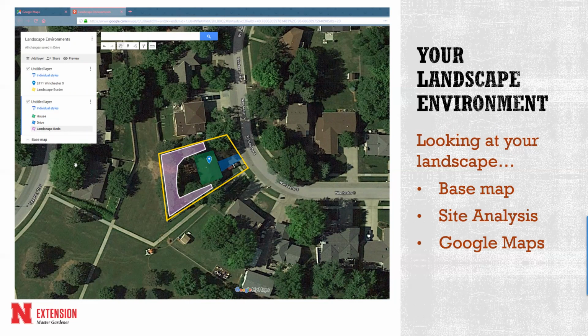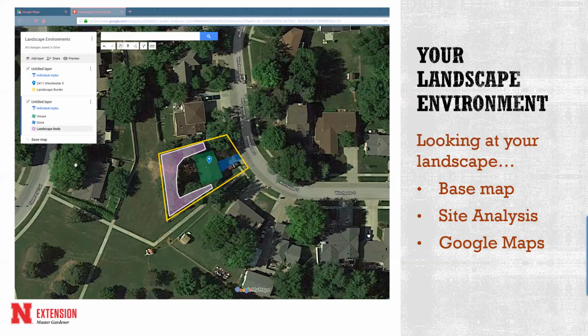It actually was able to tell me approximately how many square feet I have in that. And then these other boxes that I drew, the purple is basically the landscape bed that I have in my backyard. That's pretty much mulched area and shrubs, larger shrubs that are under some understory trees. And then the house is the green, and then the driveway is the blue.